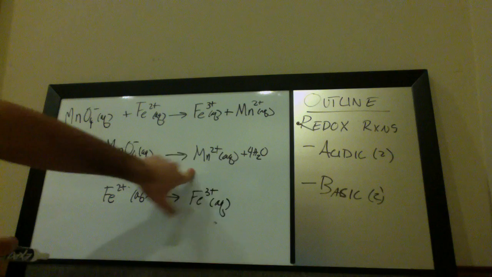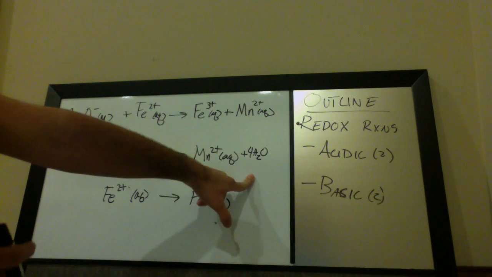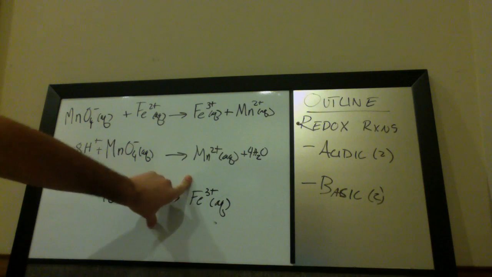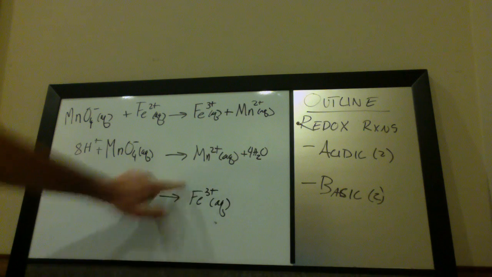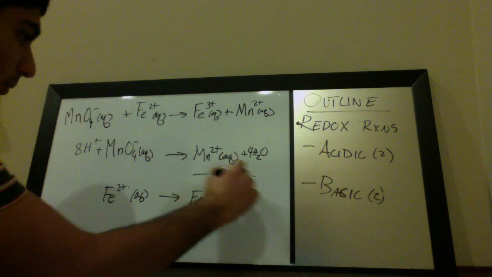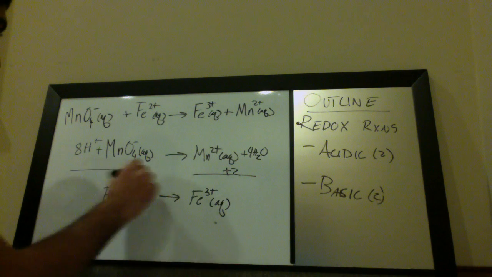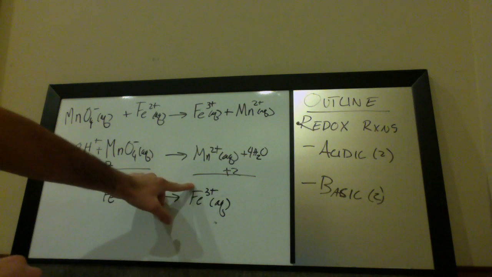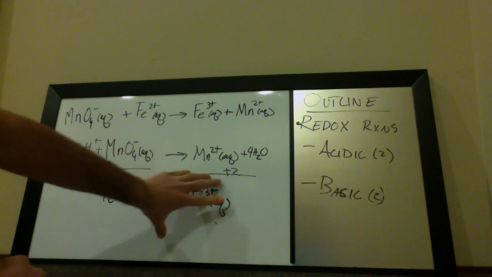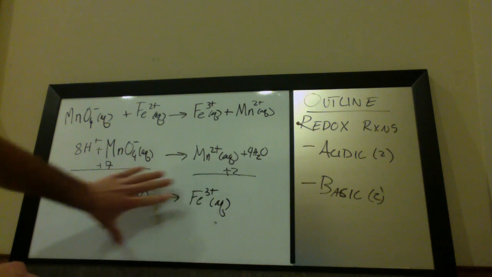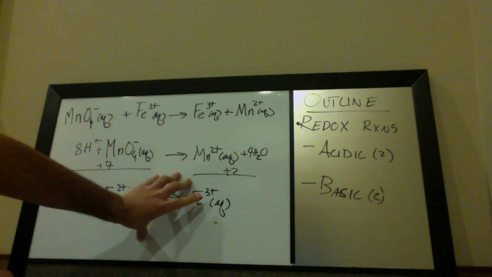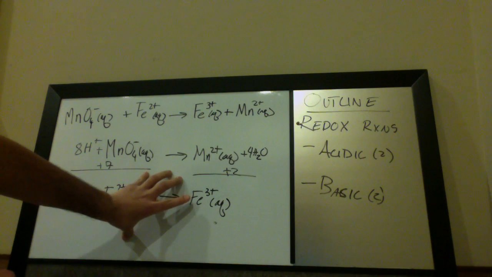And here, I know water has a 0 charge, and the manganese on here has a plus 2, so the overall charge is plus 2. Plus 2 versus plus 7, so this side is significantly more positive.